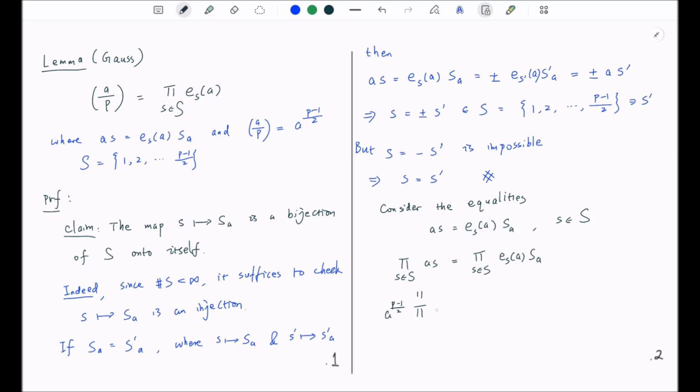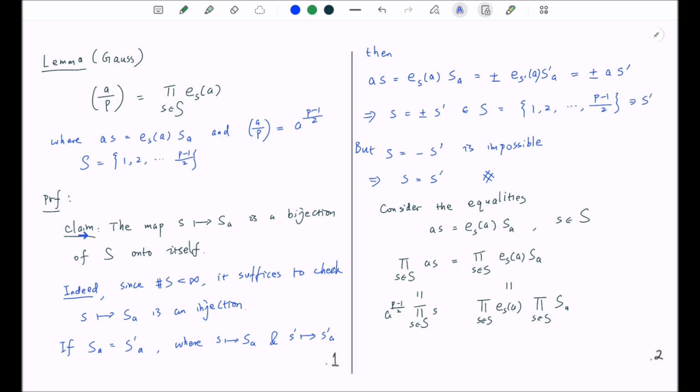And the rest is the product of s for s ranging over capital S. And the right side is a product of ε_s(a)'s and sa's.